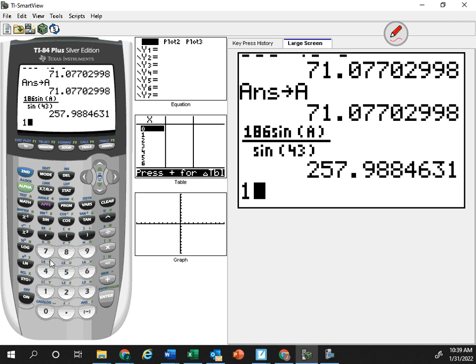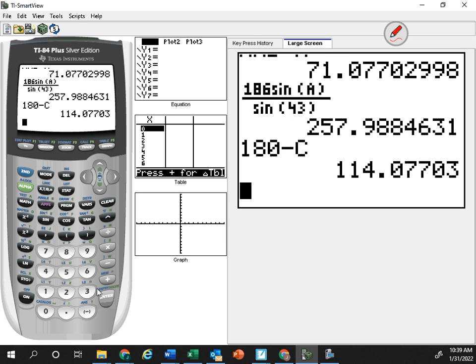So I'm going to do 180 minus C. You're getting 114.077. What do you think I need to do with that value now? Store it as C. We can't really store it as C2, like that's not a thing. So we're just going to store as C. Store alpha C.